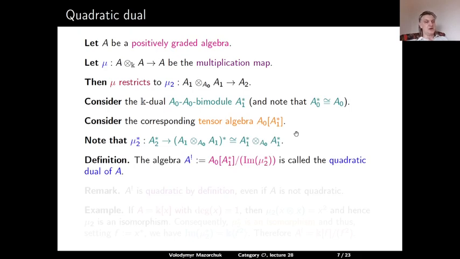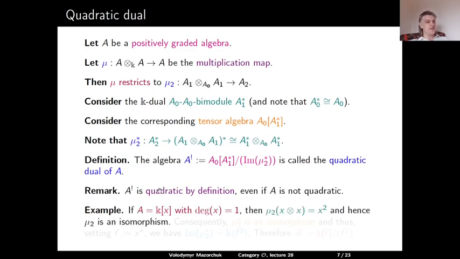So the quadratic dual of A, denoted by A shriek, is the quotient of the tensor algebra of the bimodule A1 dual over A0 by the ideal generated by the image of mu2 dual. So this image consists of elements of degree 2 by definition, therefore this algebra is quadratic. So the algebra A shriek is quadratic by definition, even if A is not quadratic itself.